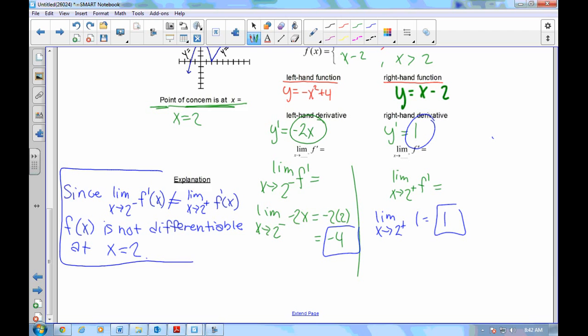So if we can show that the derivative's limits from the left and right are different, meaning the limit of the derivative at that point does not exist, then that means the original function f of x is not differentiable at that point. And this is one of the cusp and corner issues. Okay, I think the rest is just the review.